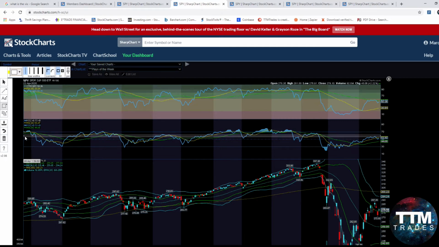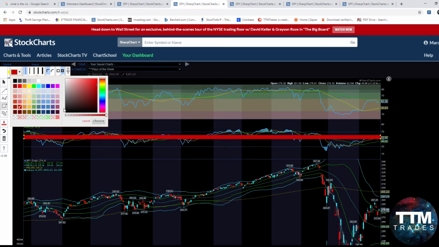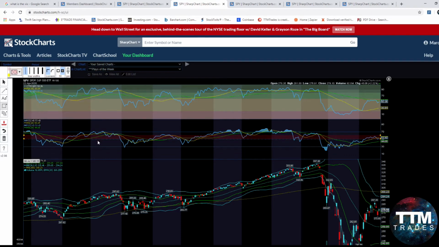That 60 to 50 range acts like resistance anytime a stock, ETF, or whatever is in a strong downtrend and is unable to get back into a strong uptrend, right? That 50 to 60 area will act as resistance on the RSI, right?